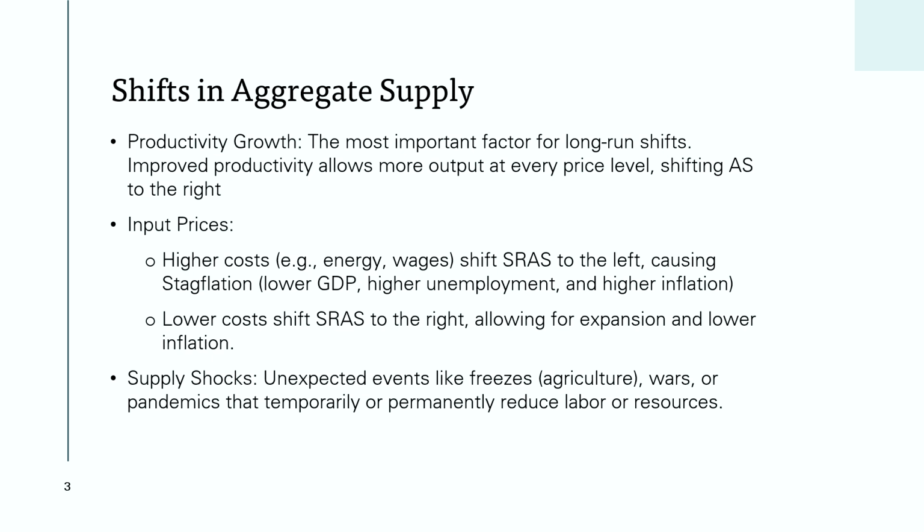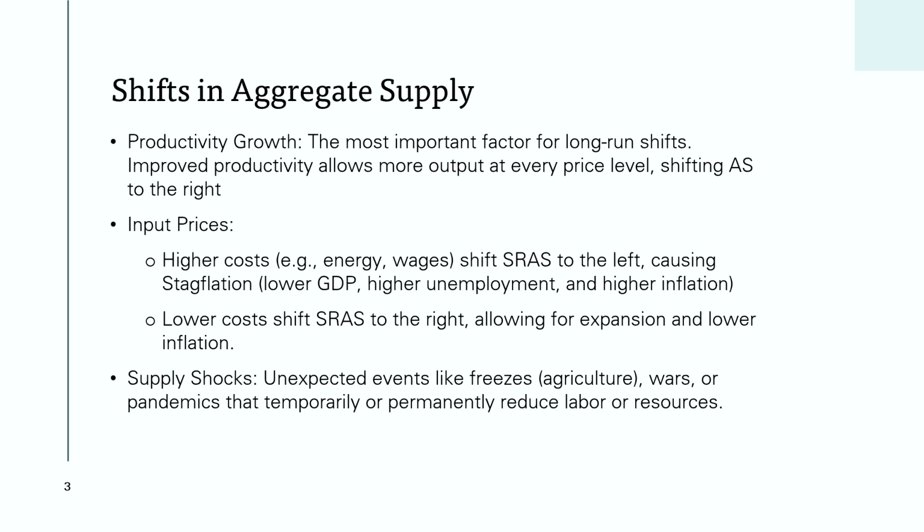On the other hand, changes in input prices, such as higher wages, higher energy costs, or more expensive raw materials, make production more costly. When production becomes more expensive, the short-run aggregate supply curve shifts to the left, reducing output and raising inflation, a combination often referred to as stagflation.